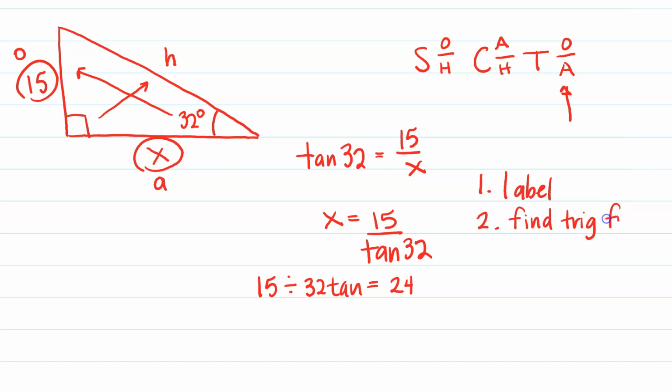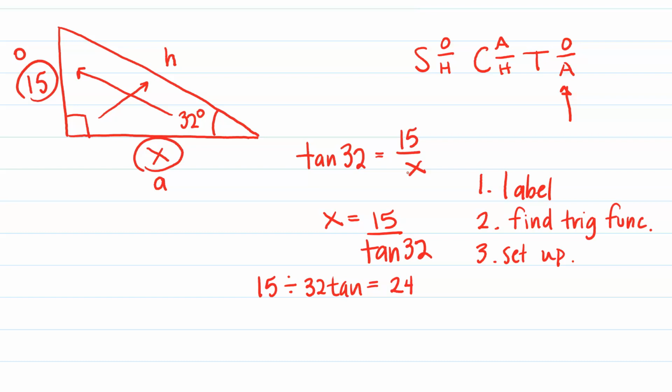In other words, pick which one you're going to use, sine, cosine, or tangent, and then set up the equation. And then you'll just solve it in your calculator. So this one, our variable was on the bottom of the fraction. Let's do a different example.